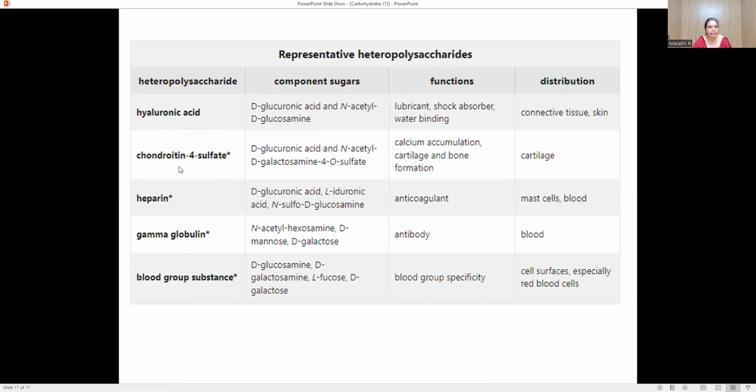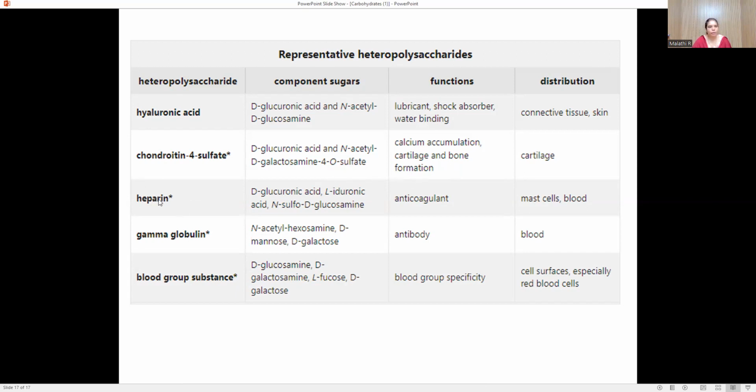The next example is chondroitin 4-sulfate. In chondroitin 4-sulfate, we have D-glucuronic acid and N-acetyl galactosamine 4-O-sulfate. So these are the two monosaccharide units which are present. Of course, it will be present in cartilage, and it is used for calcium accumulation in cartilage as well as in bone formation.